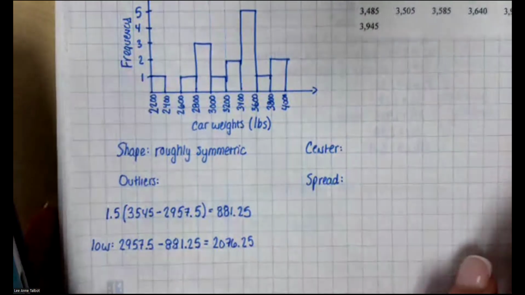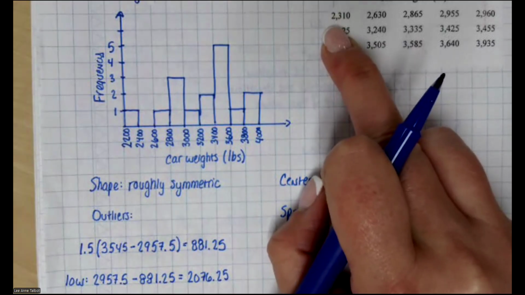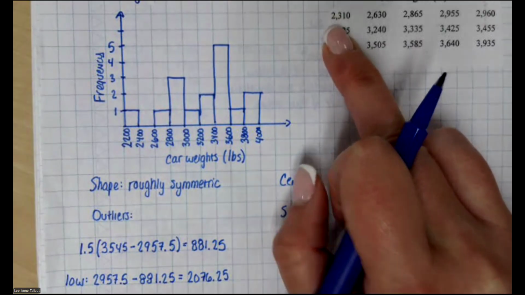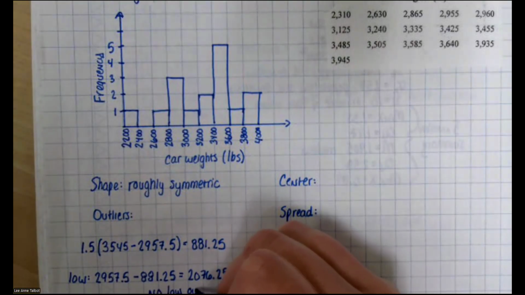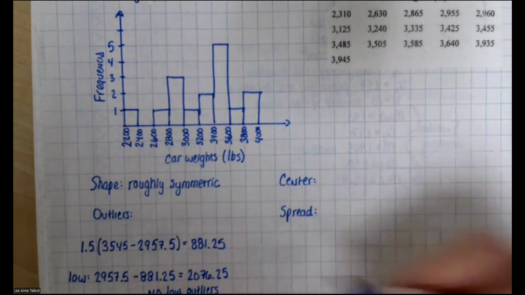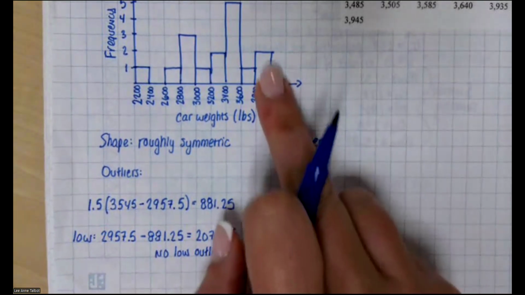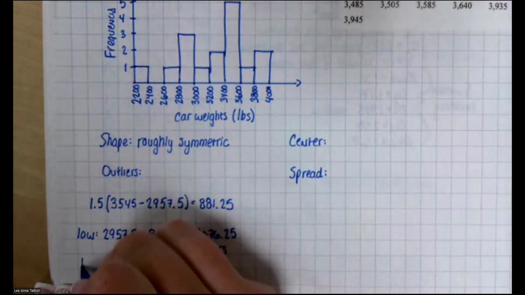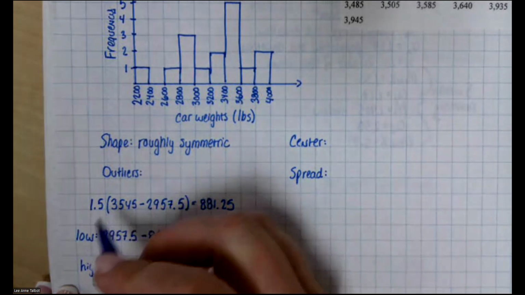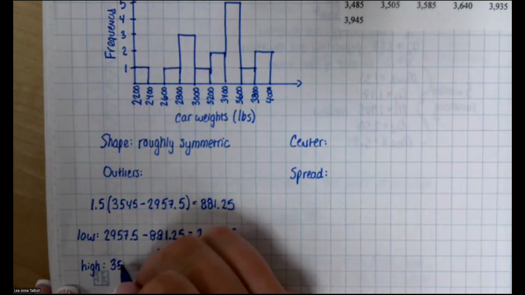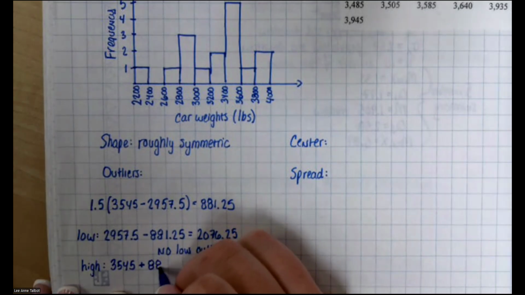Okay, so now I check back up in my data values and I say, were there any data values below this? No. So there's no low outliers. And I feel like there's not any high ones either, just from the shape of this, but we have to check. Okay, for high outliers, you take quartile 3 plus 1.5 times IQR.